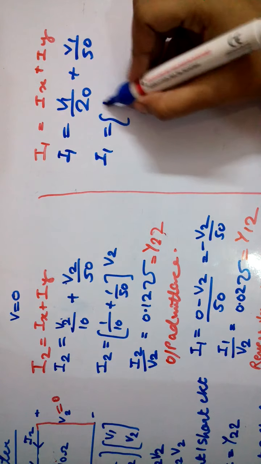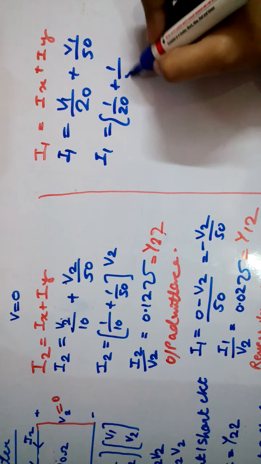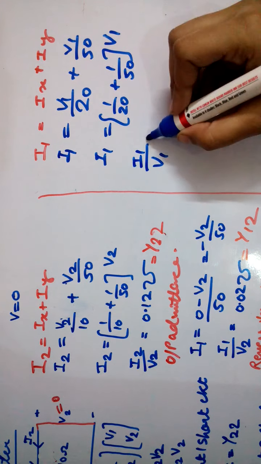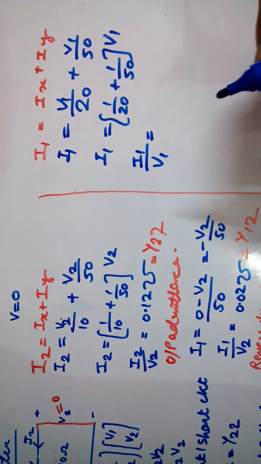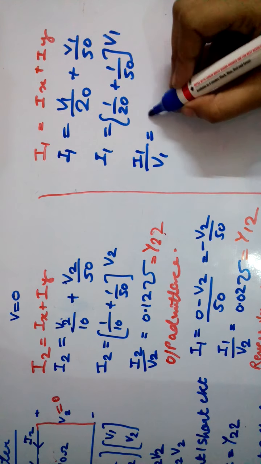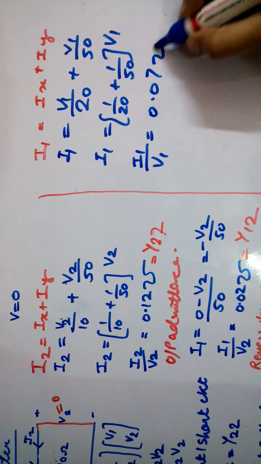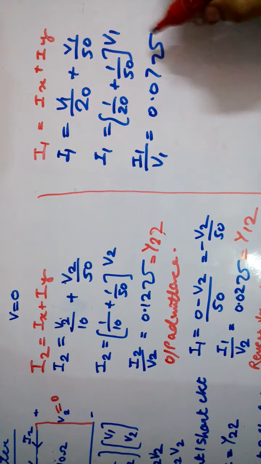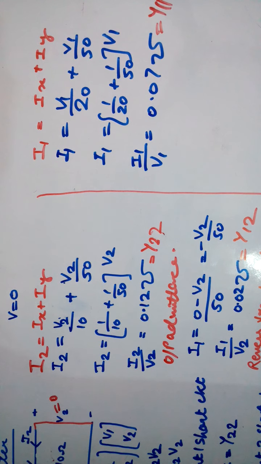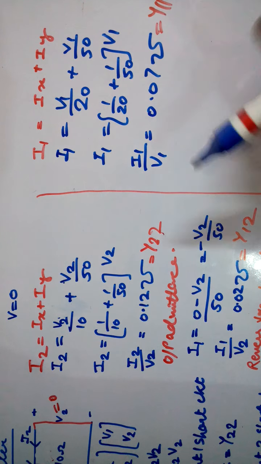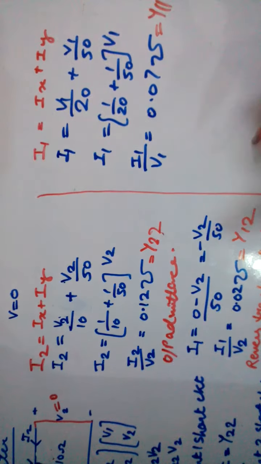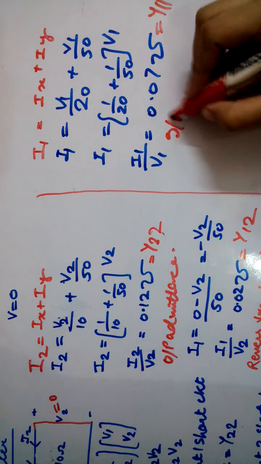I1 equals 1 upon 20 plus 1 upon 50, taking V1 as common. Now I1 upon V1, on solving it further, equals 0.07 mho. This is Y11, and I1 upon V1 is also called input admittance, the ratio of input current to input voltage.